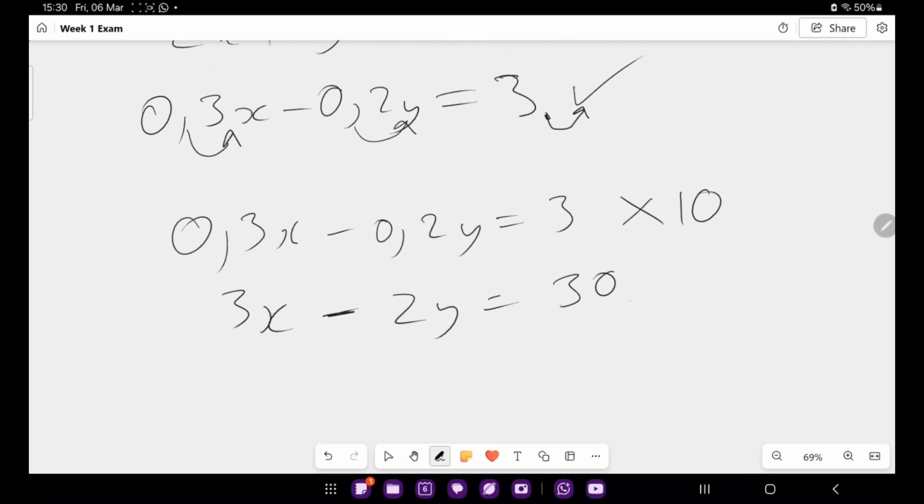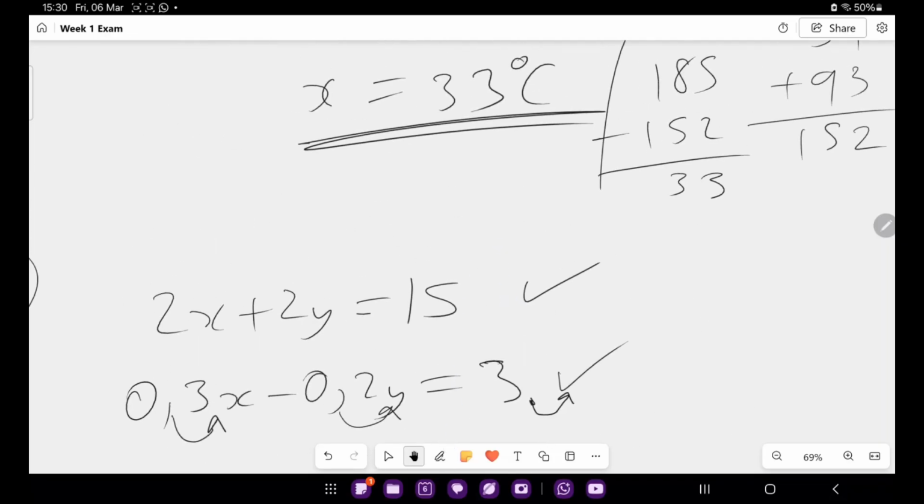Now we have the perfect equation that we want. We wanted all of the numbers, all the coefficients and the constant to be whole numbers or integers, and that's what we got. So we're going to write this as equation 2. Then I'm going to go at the top and define this as equation 1.